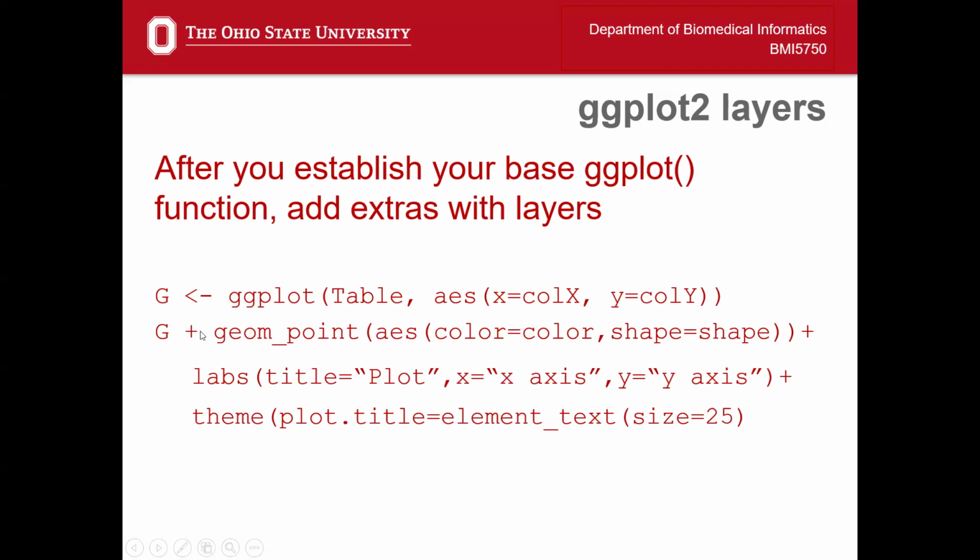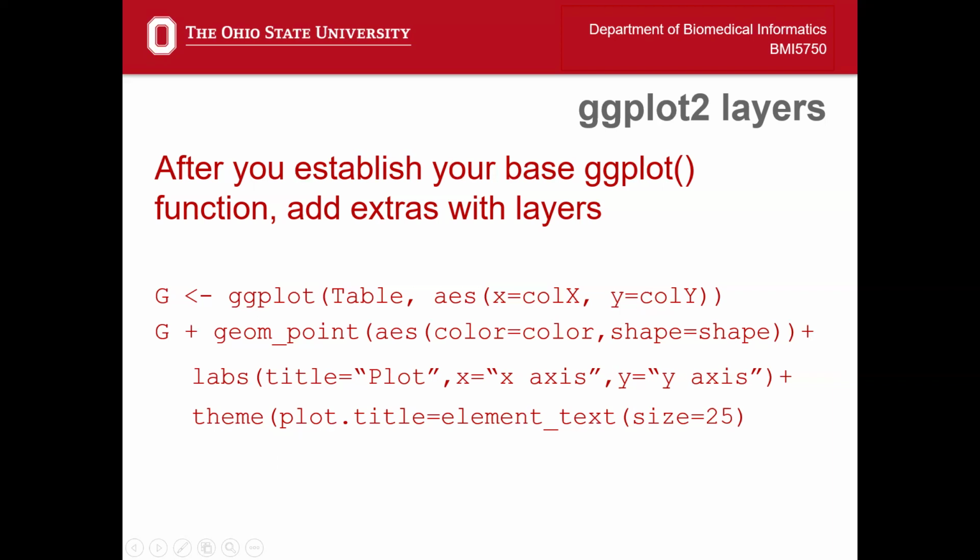So we've added saying we want to make a point plot, which is their way of saying a scatter plot. We want to use these colors and these shapes, and then we add more on to it. We want to add labels. We want to tell it our title of our plot. We want to tell it the name of our x-axis, the name of our y-axis, and then we add to it. We tell it a theme.